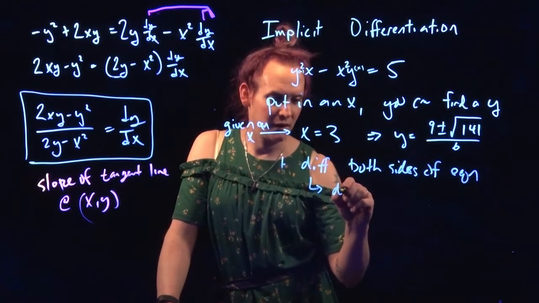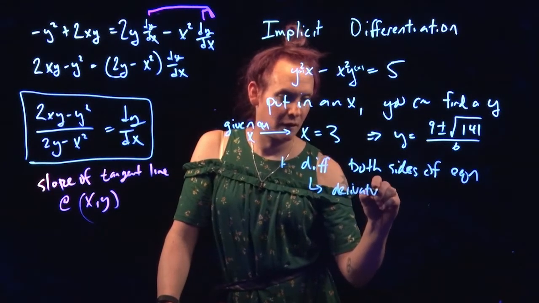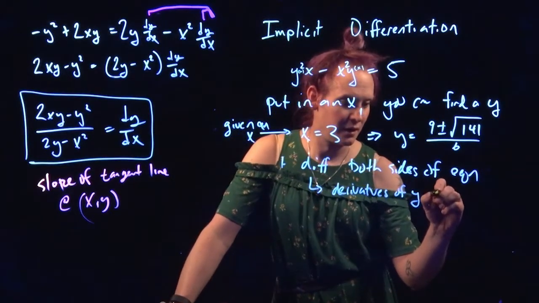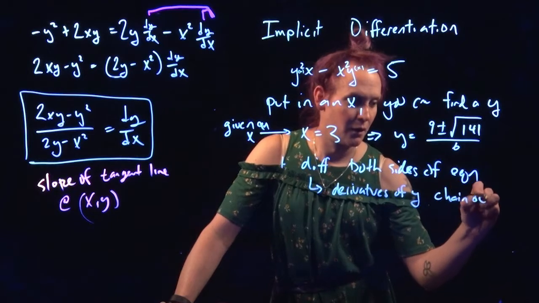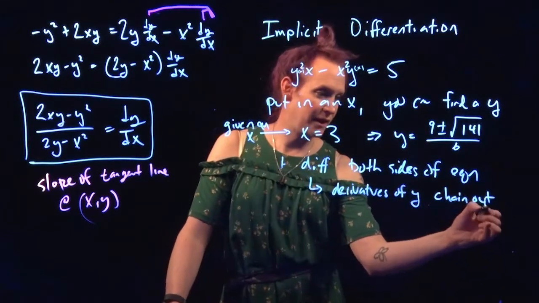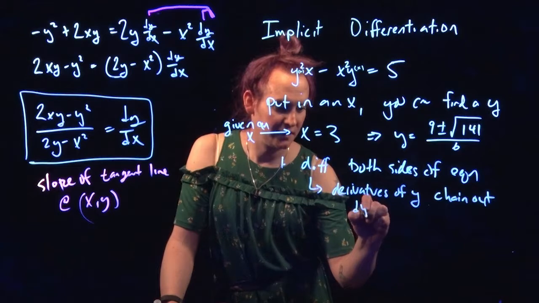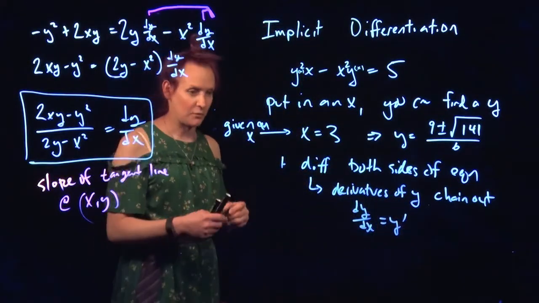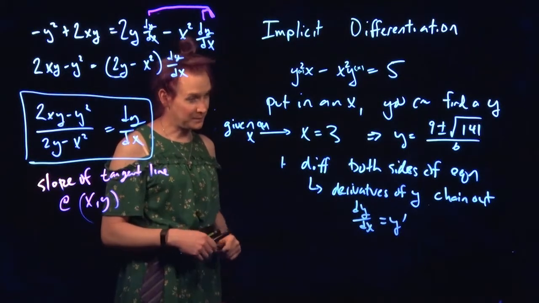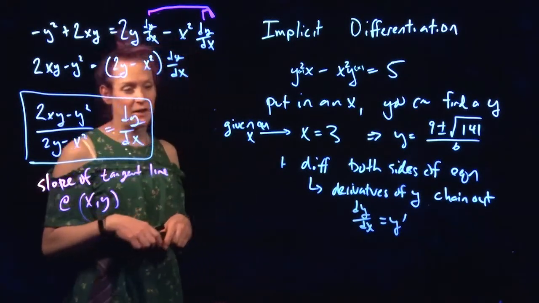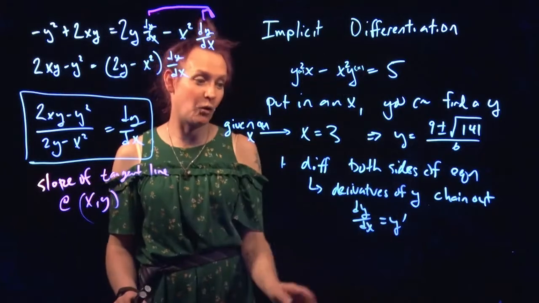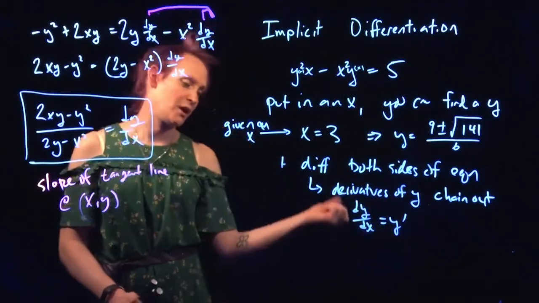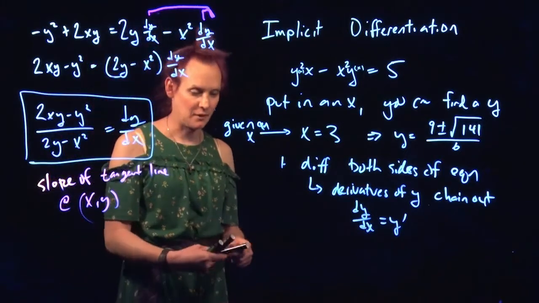Derivatives of y produce, in the fashion of chaining, a dy dx, which we can write as y prime if we really want to. So you have to be careful. Anytime you take a derivative of an expression that has some y in it, boop, you get a multiplicative factor of dy dx, which is y prime. Okay.